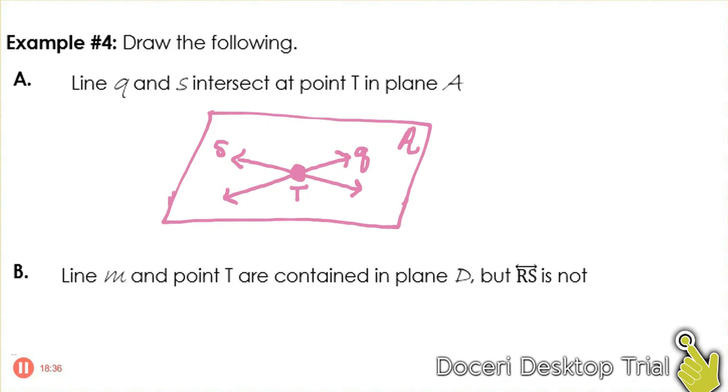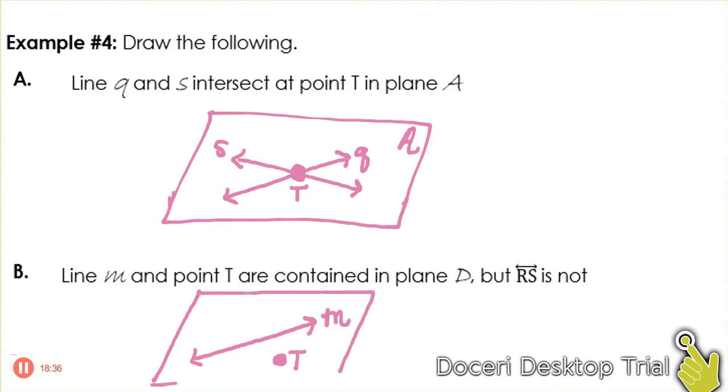So line M and point T are contained in plane D. So I have a plane, name it plane D. And then the line RS is not in this plane. So it can go through the plane, but it just can't be in it.